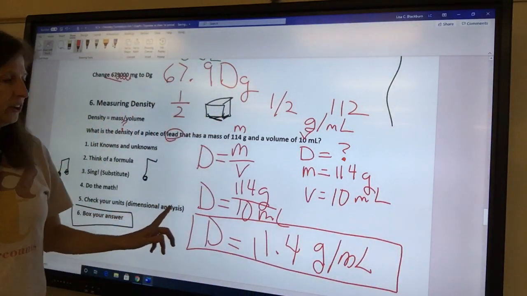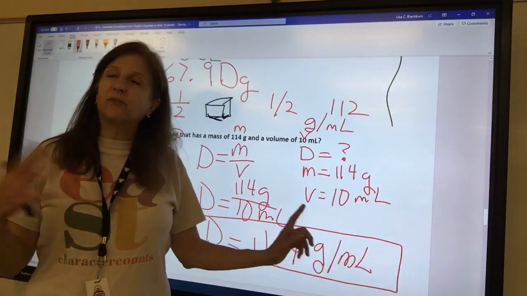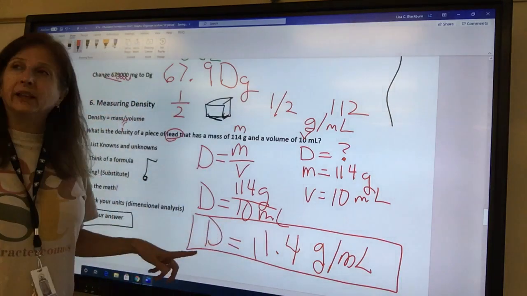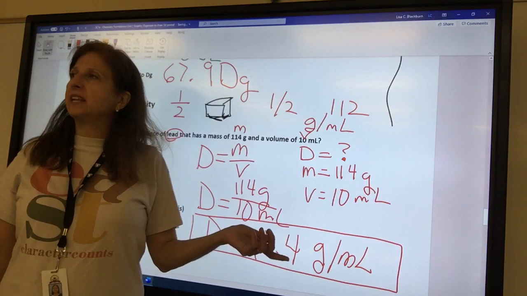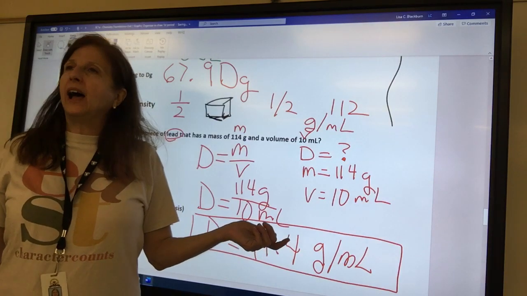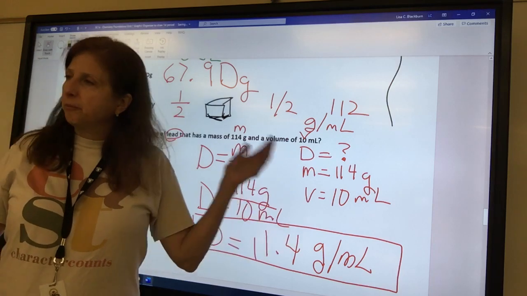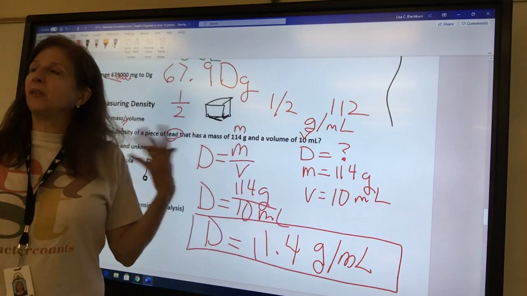Now, check your units. Is grams per milliliter the right unit for density? Well, y'all don't know it, but it is. So that means I probably did the math right. If I was doing a speed problem, and instead of getting miles per hour, I got seconds squared times something else, it wouldn't be the right units.